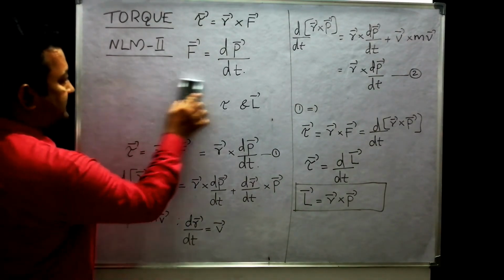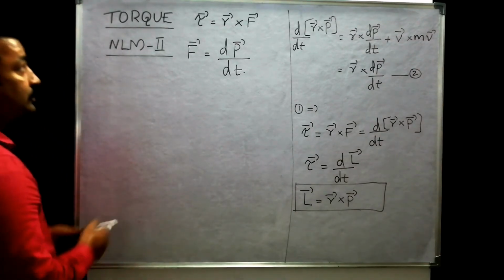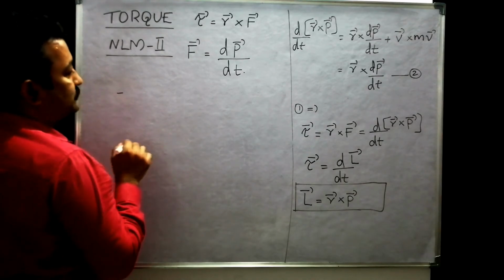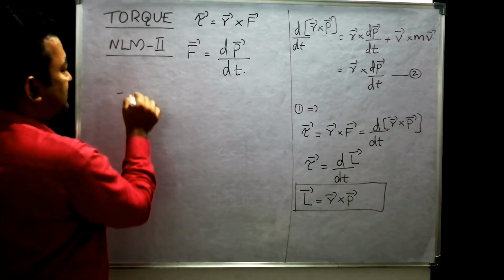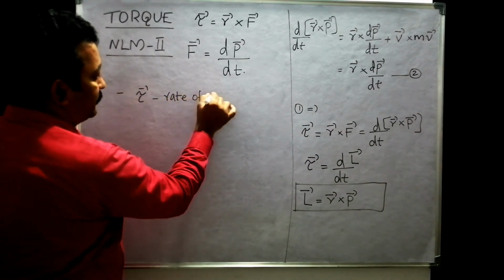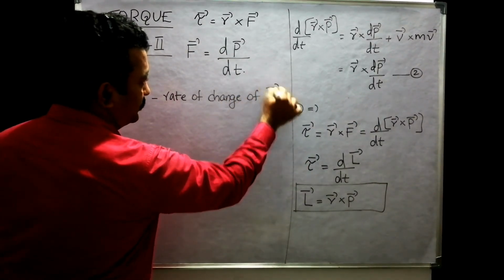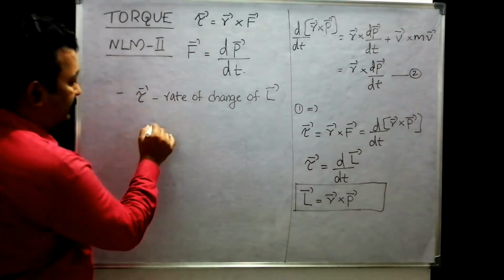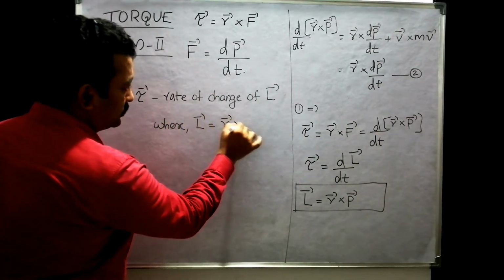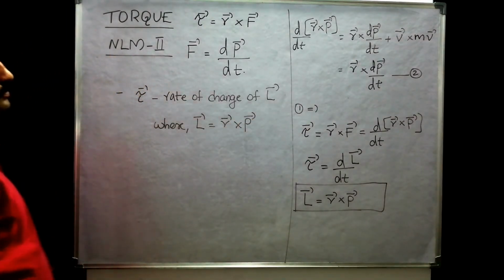So the torque can be defined as the cross product of r and F, or in physical terms, as per Newton's second law in rotation, torque is defined as the rate of change of angular momentum, where angular momentum is equal to moment of momentum.